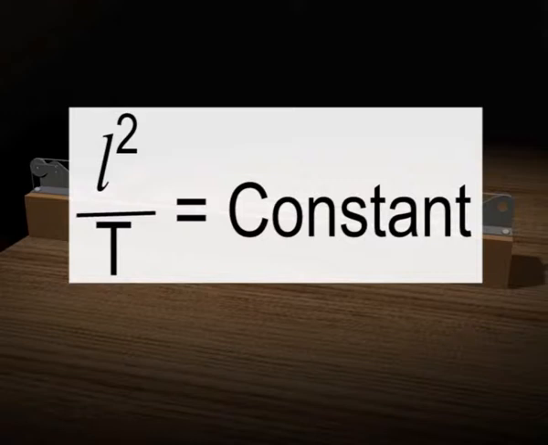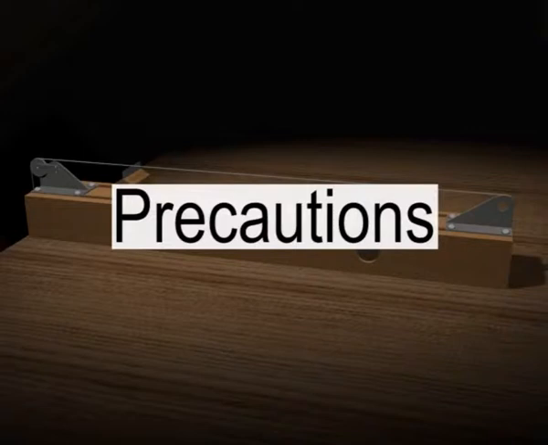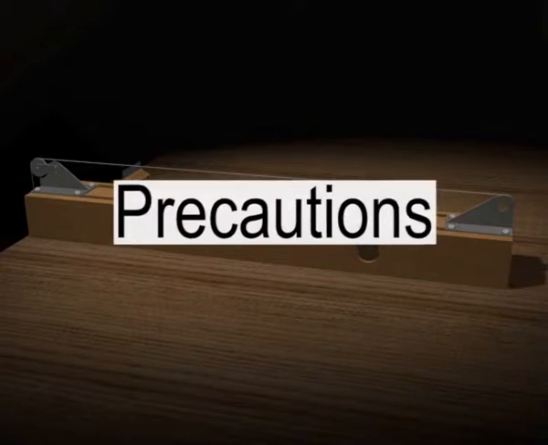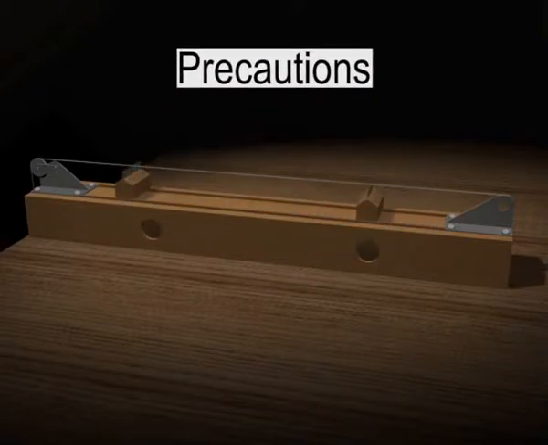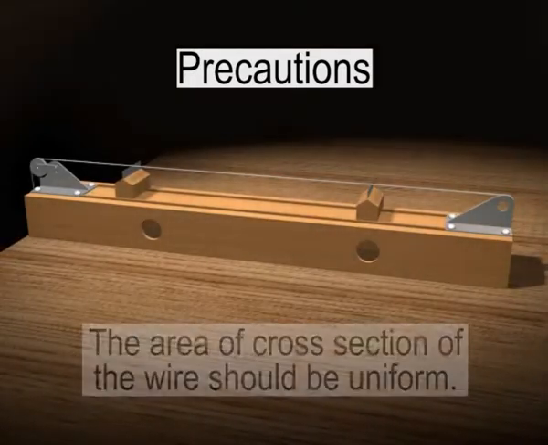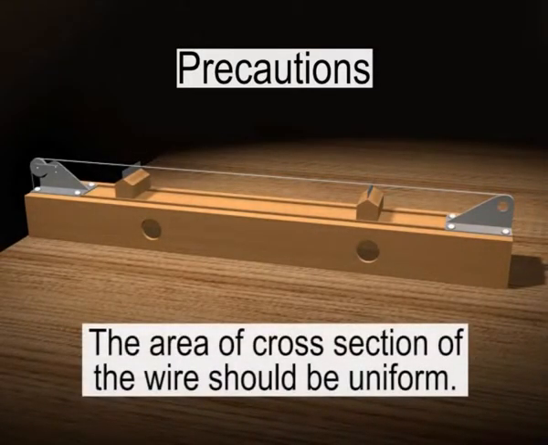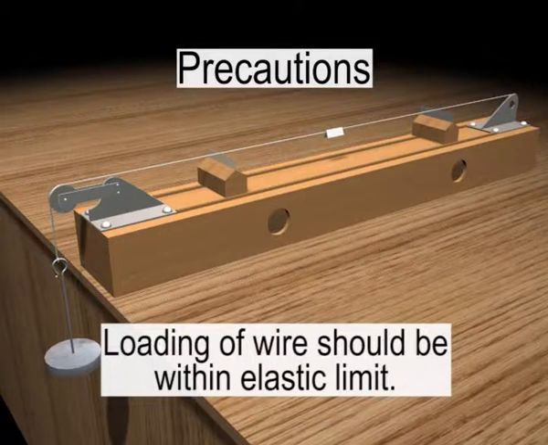And now it is the turn to learn the precautions that we are supposed to follow for this particular experiment. Let's know what these are. The area of cross-section of the wire should be uniform. Loading of the wire should be within the elastic limit.